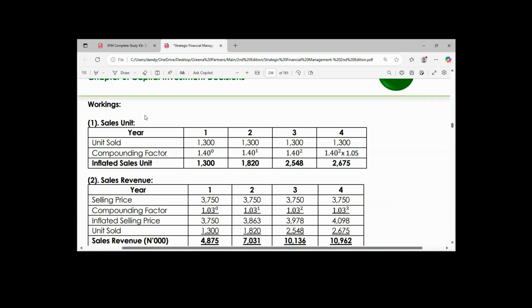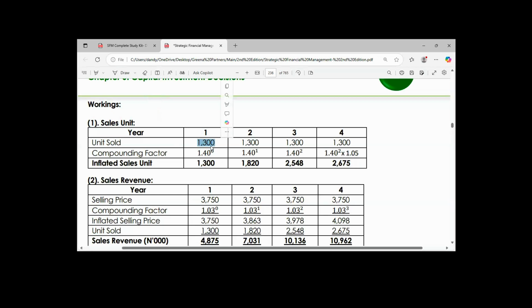Yeah. So this is the working for the sales units. In the first year, the sales units given to us is 1,300. And you are now told that it will grow by 40% for the next 2 years. So you don't grow the first year units. Rather, inflation should start from year 2.